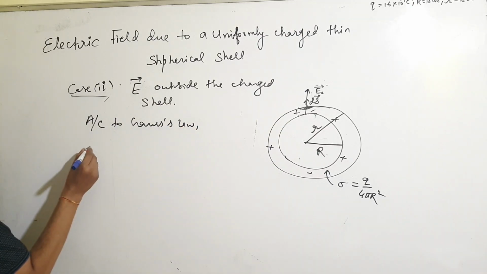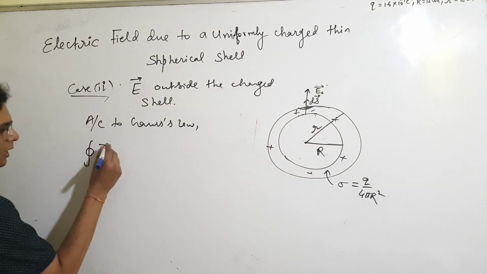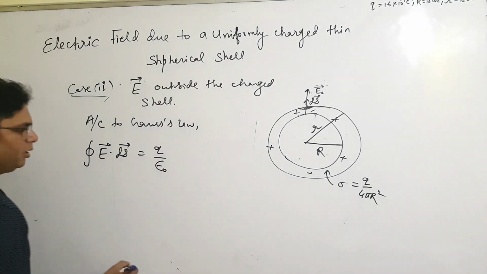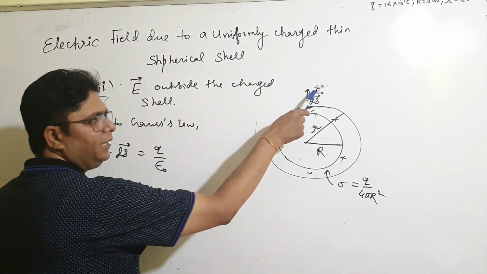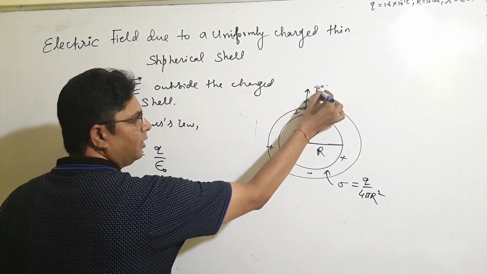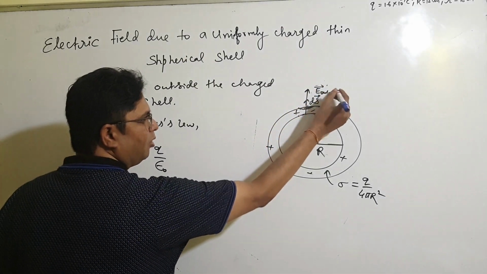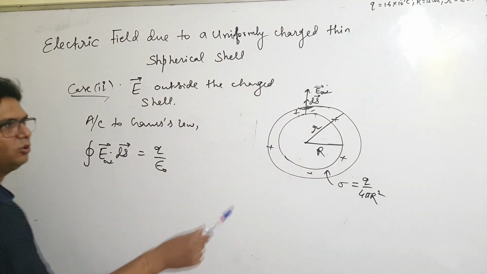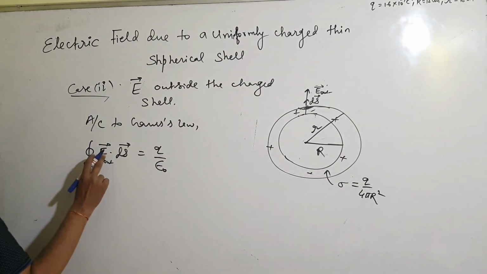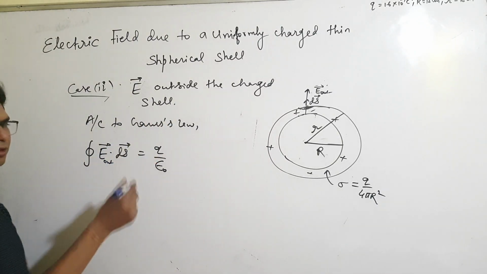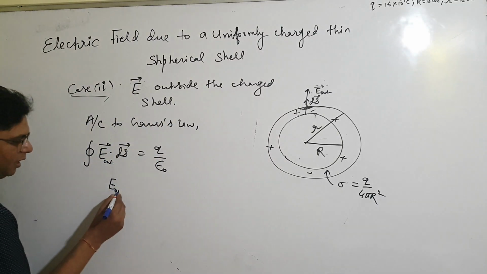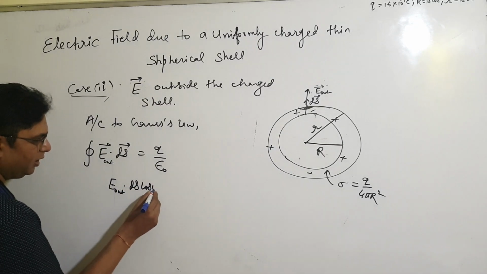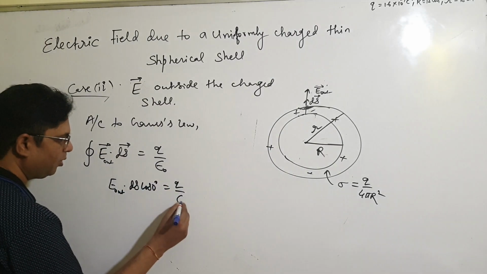law, you have the closed integration of E dot ds equal to q upon epsilon naught. Here again, E outside and ds have an angle of 0 degree. So you have E outside, ds cos 0 degree, closed integration, equal to q upon epsilon naught.